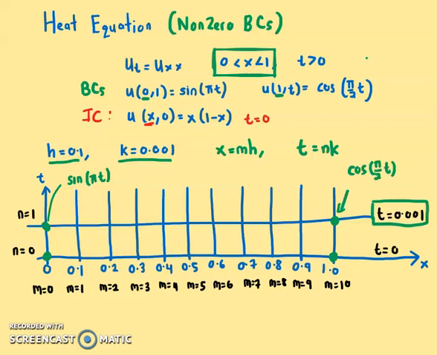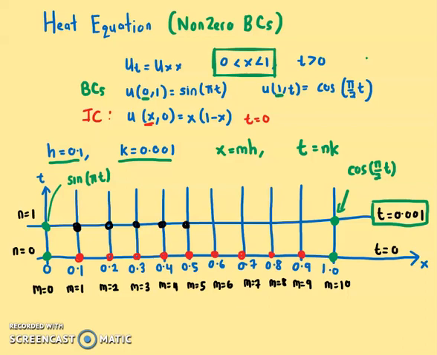Now, the initial condition when t equals 0 gives all these values here, obtained by using the initial condition at x equals 0.1, x equals 0.2, and so on. What we are interested in is actually to find all those black values here.